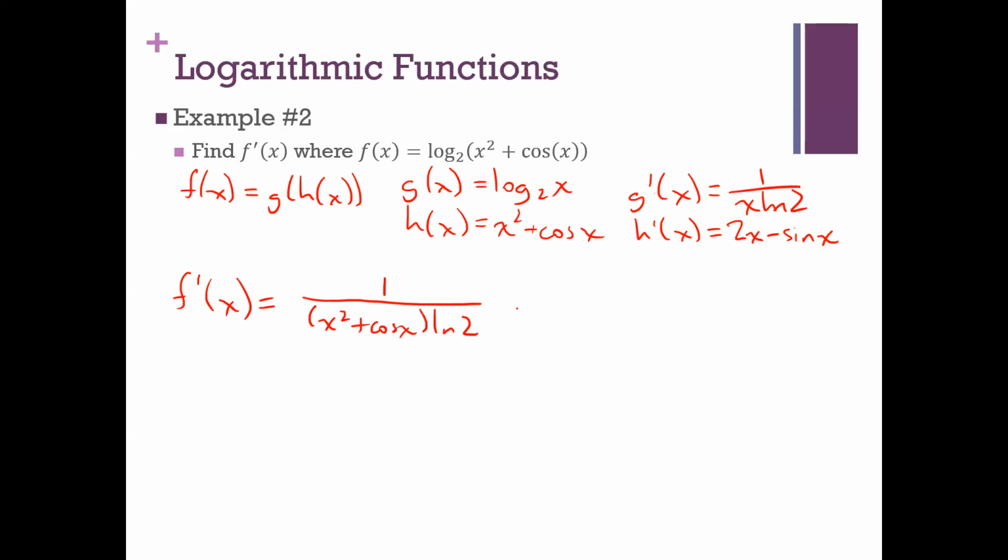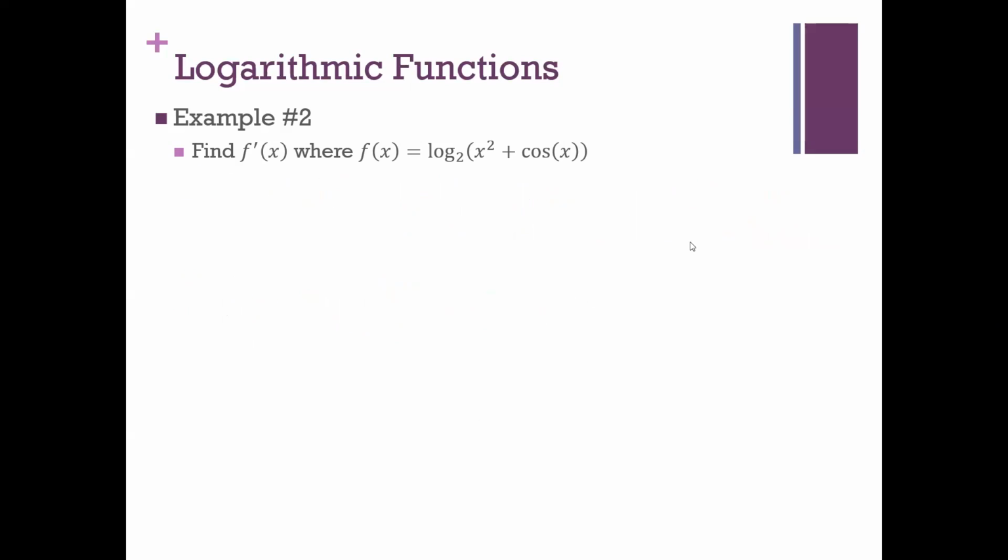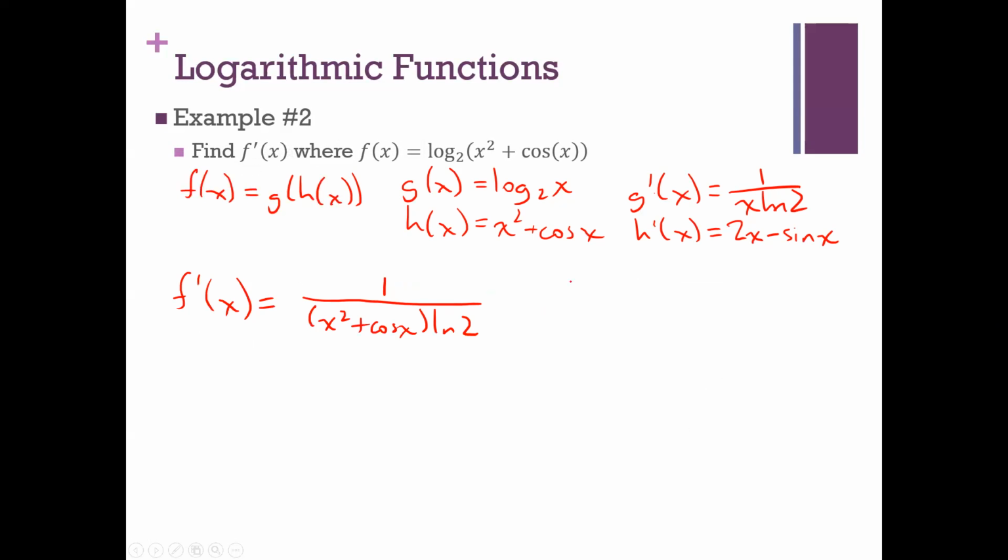And then what? Times 2x minus sine of x. And I will condense this a little bit: 2x minus sine of x over x squared plus cosine x times the natural log of 2.